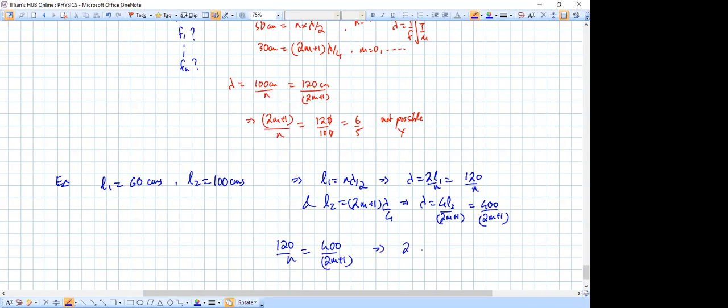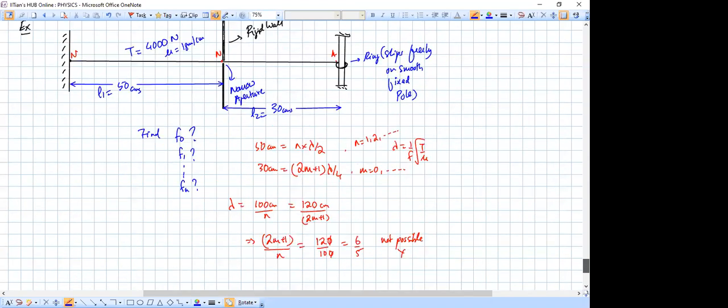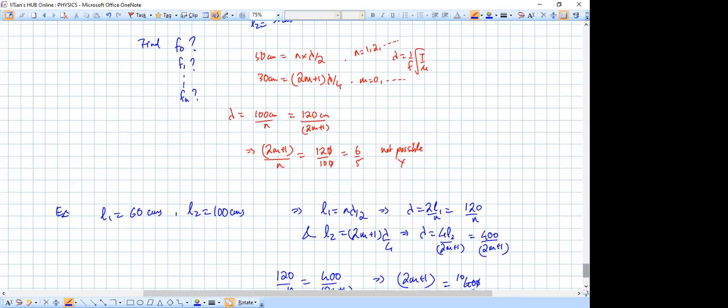So the ratio of this odd number and this natural number n should be 400 by 120. Just a minute. I'll give you some values which are feasible.